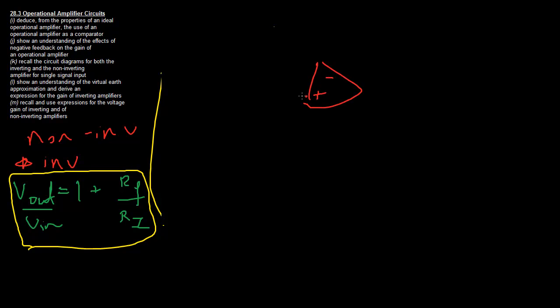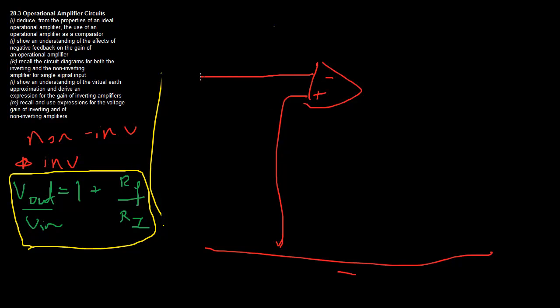So the non-inverting input goes straight to ground, which is quite interesting, something that we haven't really seen before. And the inverting input actually has two interesting parts to it.